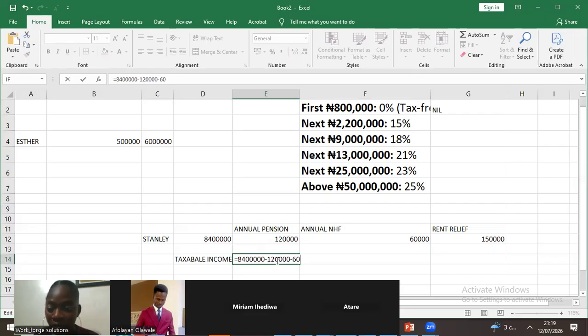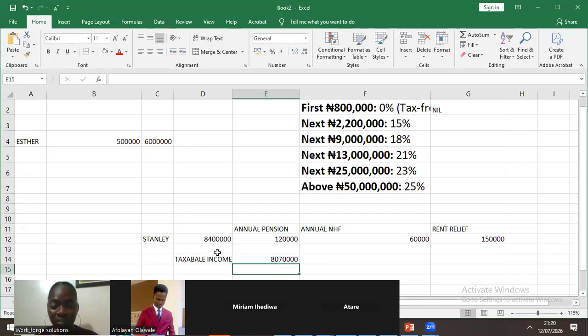Please confirm that I'm writing the right figures. Minus what again? Minus 150,000. Yes.